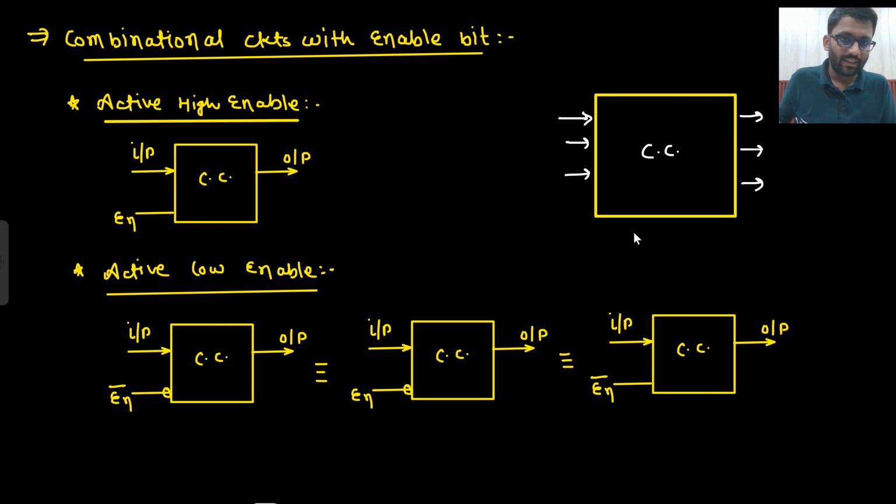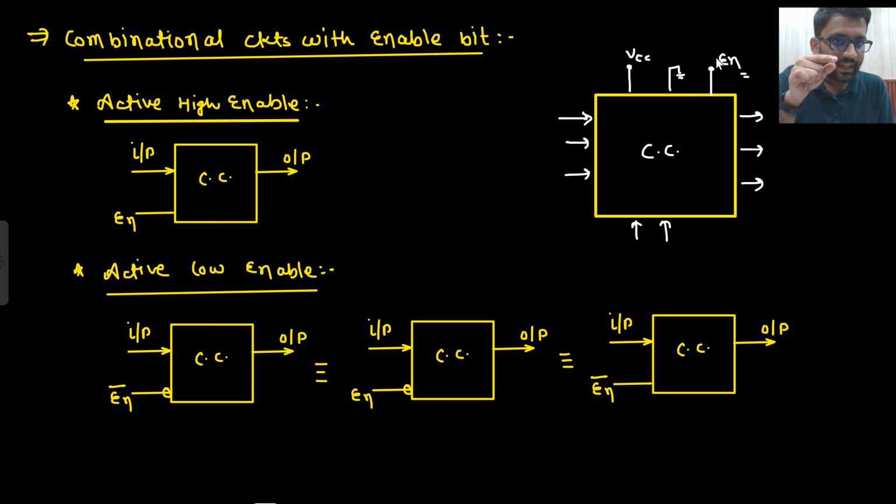There could be select lines as well. But three things are constant: there will be a supply, there will be ground, and there will be an enable button. You know what is supply? +5. Ground is 0.